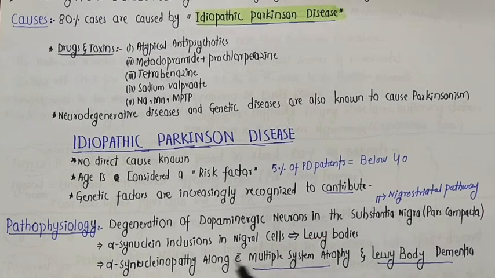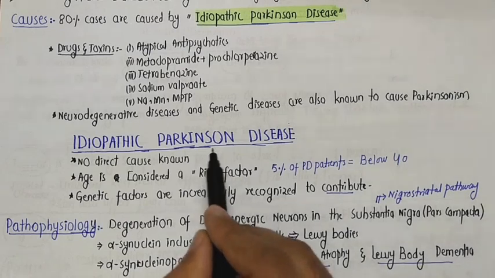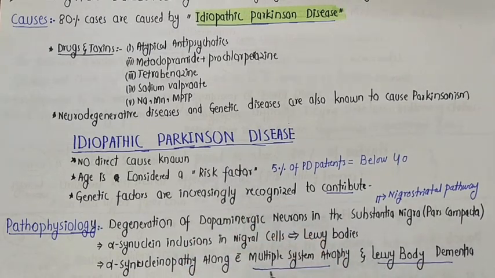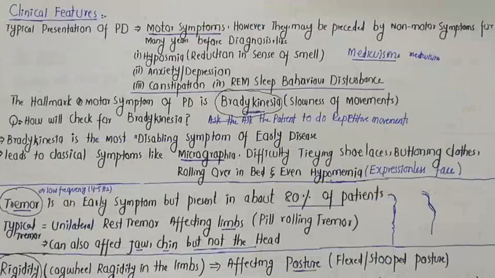One is Parkinson's disease. Along with Parkinson's disease, there are multiple system atrophy and Lewy body dementia. So these together are called alpha-synucleinopathies.